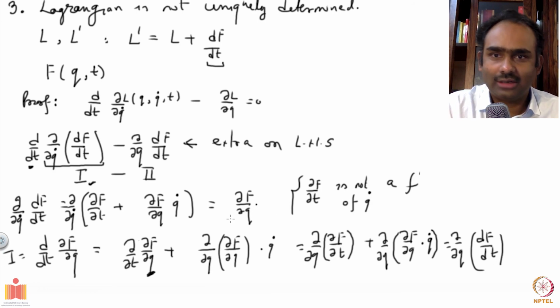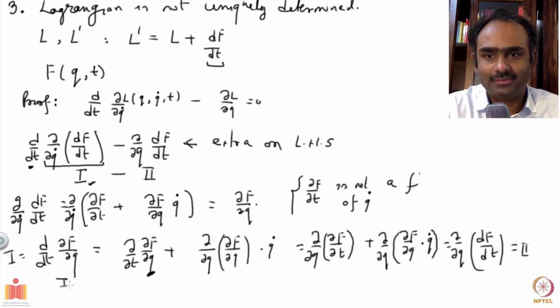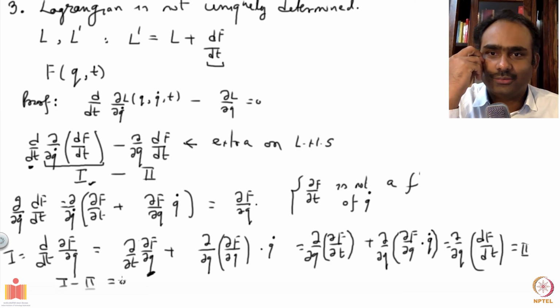And let's see what our second term was. The second term was del over del q of df over dt, which is the same here. So this is equal to the second term, which means first term minus second term equals 0, and that is what we wanted to prove, that the extra term will not give any contribution.